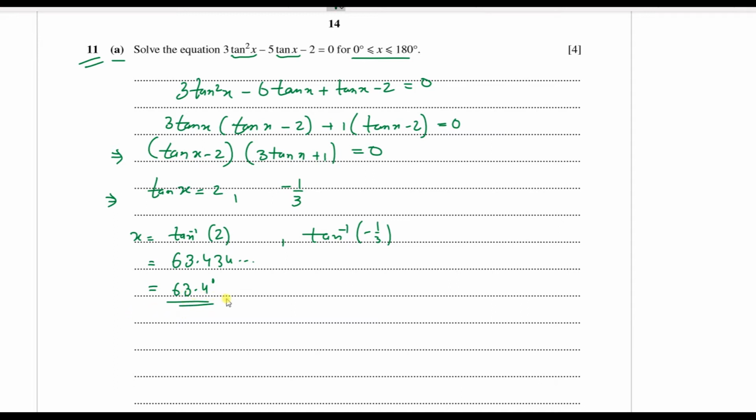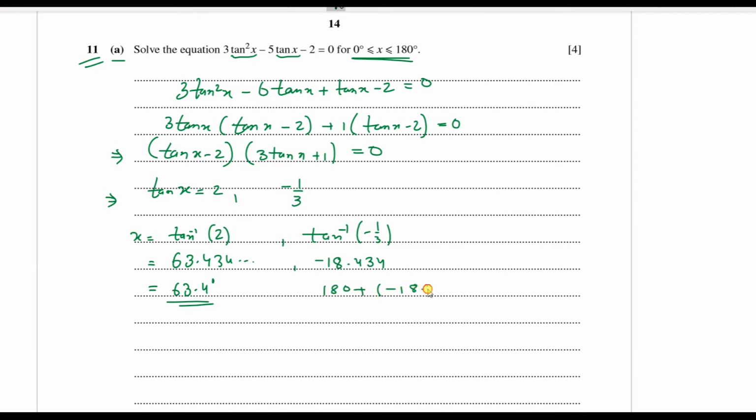And in this case it is going to be tan inverse of minus 1 by 3, which is minus 18.434, which is of course not in this range. So we will find the next angle, and the next angle is 180 plus theta, and here theta is minus 18.434.